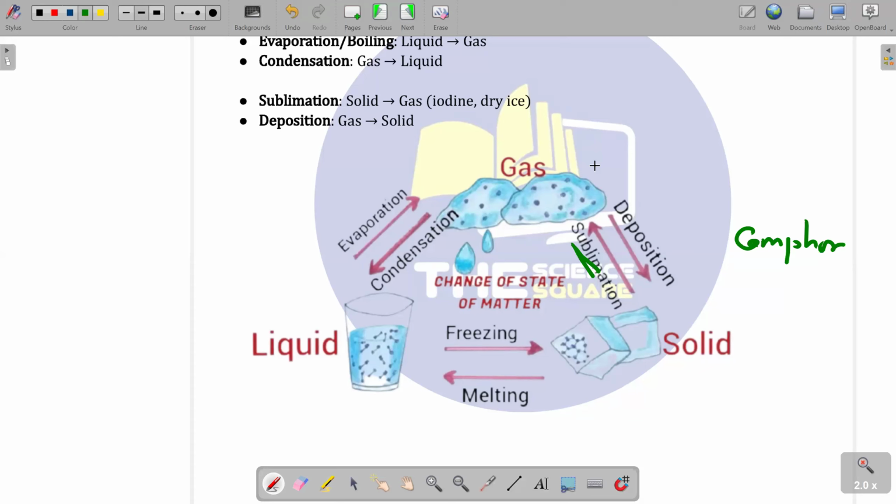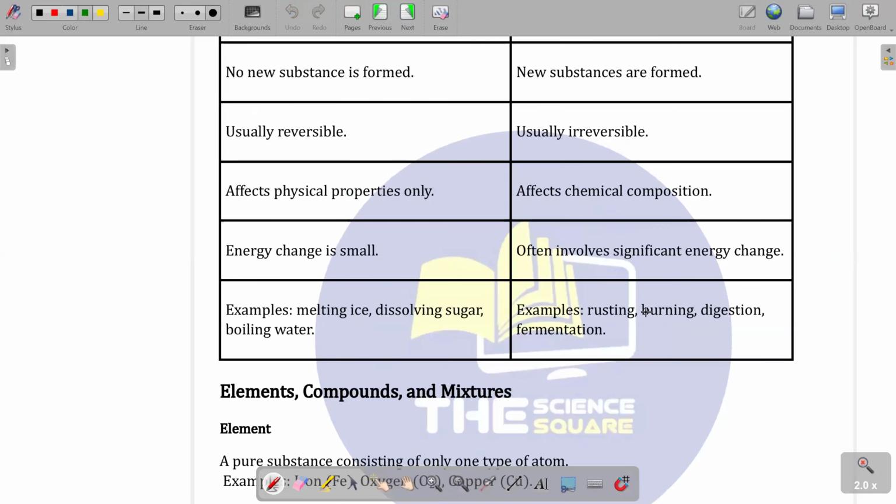So that gaseous camphor eventually gets deposited back as solid within the wardrobe. So that is the process of sublimation and deposition. The process whereby solid changes directly to gas is sublimation, while the process whereby gas changes directly to solid is referred to as deposition.